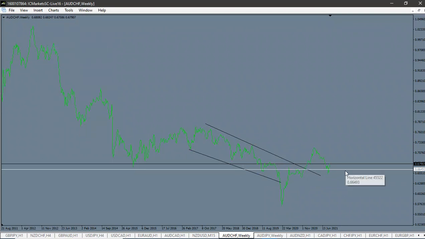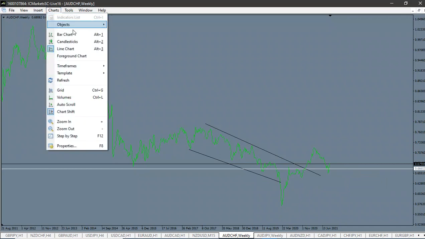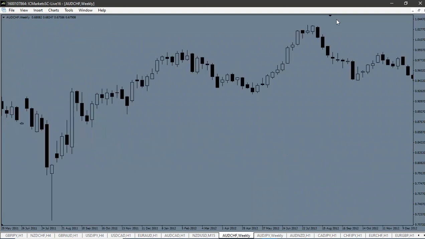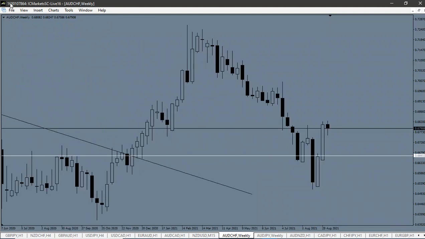Let me go to the line chart quickly. This is why we see this double bottom right here, a strong double bottom, which indicates that price is ready now to move towards the upside. So what we can do now is drop it to the lower time frame, the daily time frame, and see.